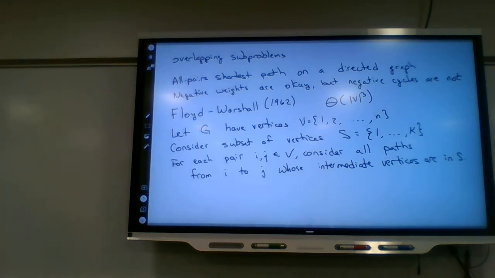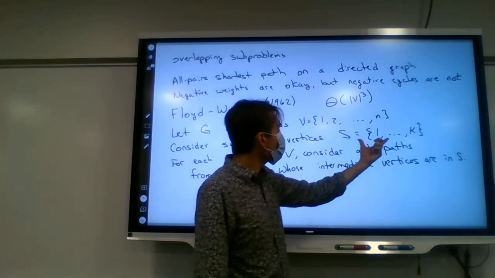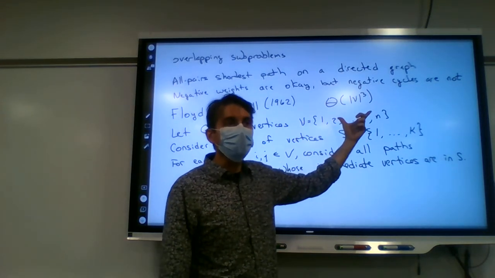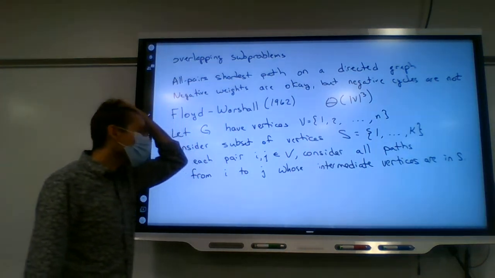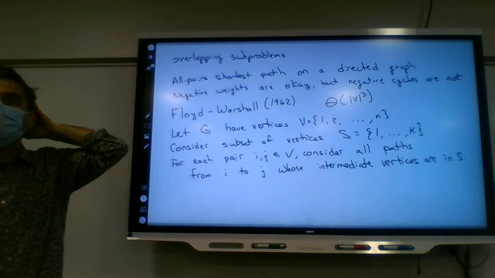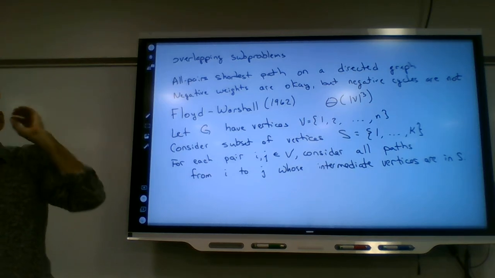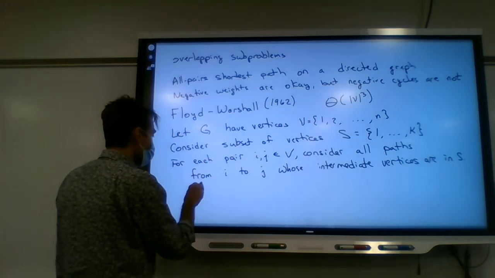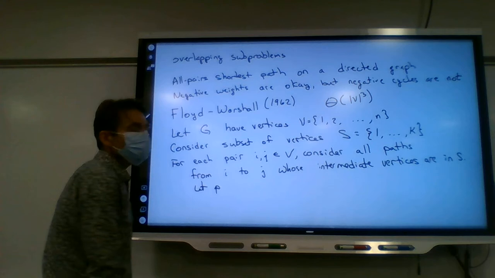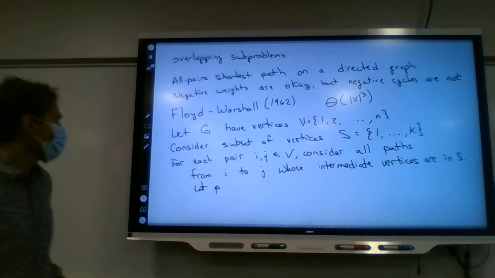Now there might be other paths out there, but what's going to happen as this subset S gets bigger and bigger and bigger, eventually S is going to be everything. So eventually we're going to have all of the possible paths under consideration. Okay? Of all these paths, let's let path P be a minimum weight path amongst those.